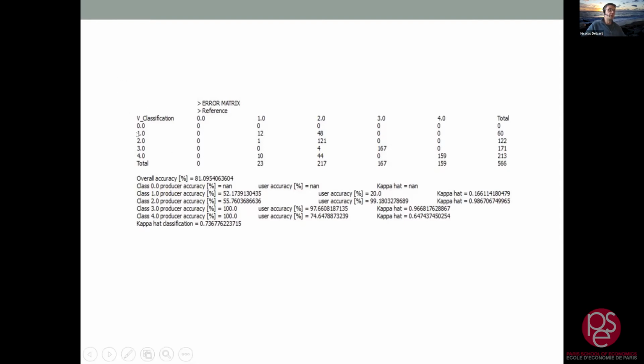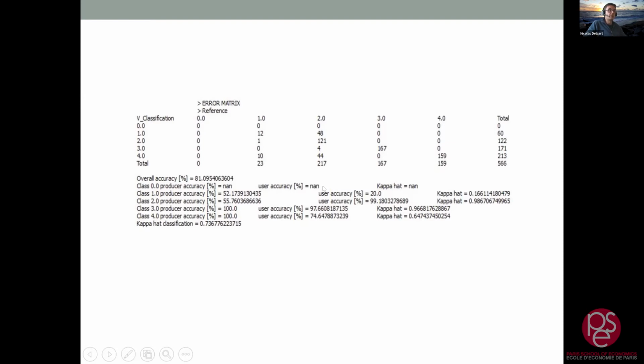We can also produce what is called the user accuracy. So it means here, if we are a user of the resulting map of the classification, we know that 60 pixels of what we call class 1 have been tested. Among the 60 pixels, only 12 really belonged to class 1.